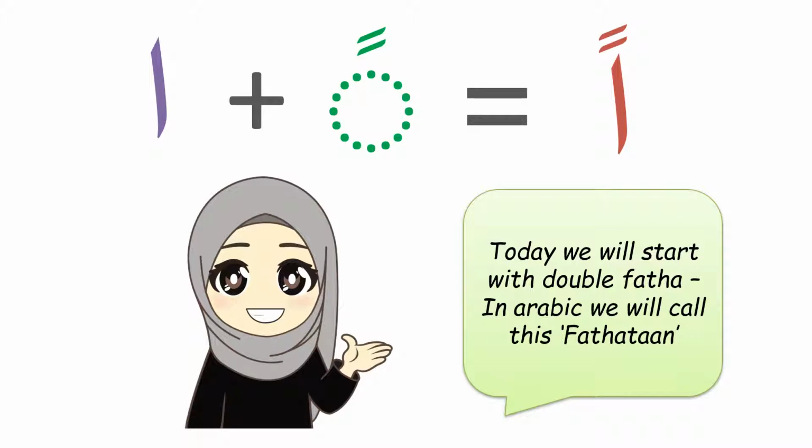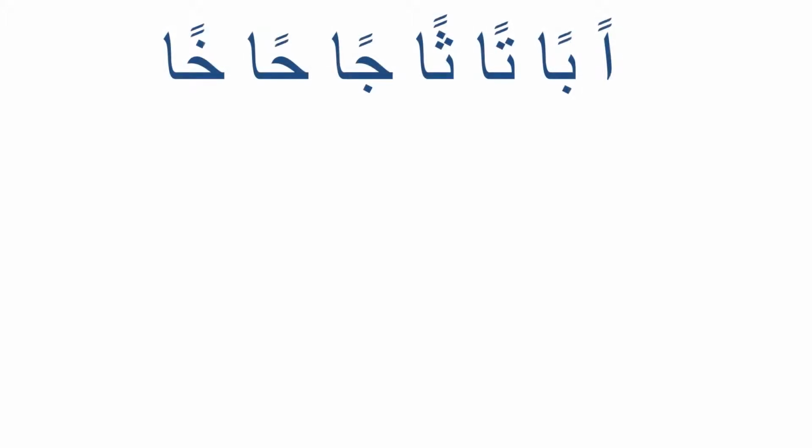In Arabic, we call this Fathatan. Let's begin. The first line, we have Alif Fathatan, An, Ba Fathatan, Ban, Ta Fathatan, Tan.